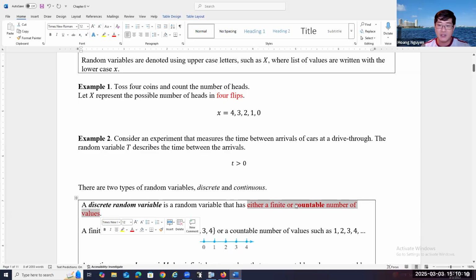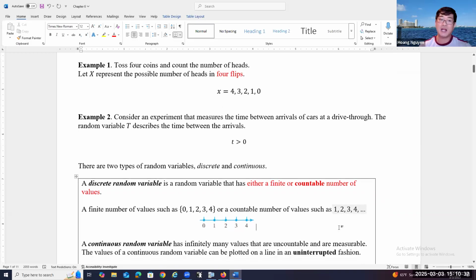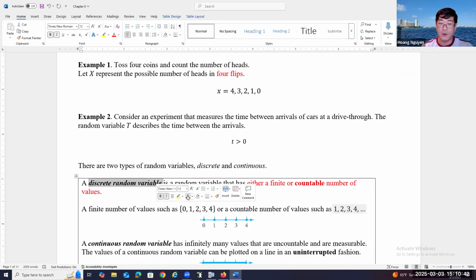Like the number of heads in the four flips right here, that can be finite, so we can keep track and count it: 0 heads, 1 head, 2 heads, 3 heads, 4 heads. So finite numbers of values such as 0, 1, 2, 3, 4, or a countable number of values such as 1, 2, 3, 4, and so on. So discrete is going to be finite or countable.